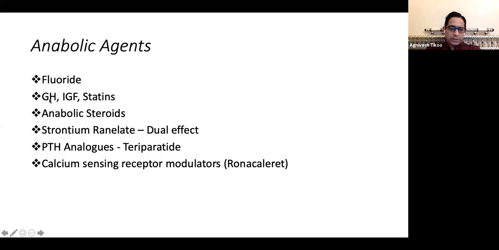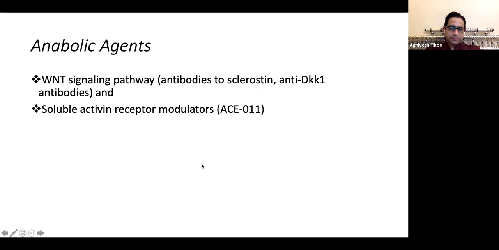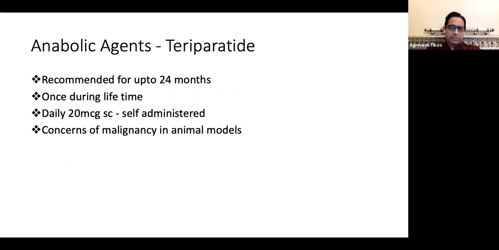Now, anabolic agents include growth hormones and anabolic steroids, but the one which is most common is teriparatide. There are other newer drugs which are not yet in the market. Teriparatide is meant to be used as a one-time therapy for up to 24 months. And before doing this, your PTH should be normal. There should not be any malignancy. There should not be hypercalcemia.